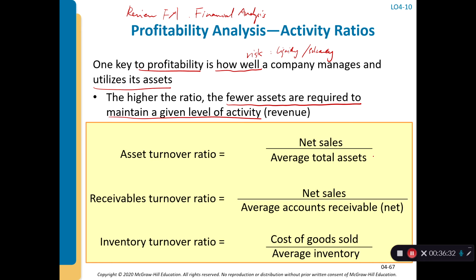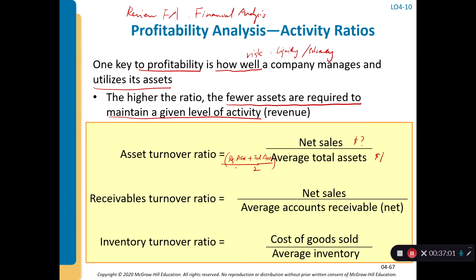It means that for $1 of assets, how much sales did you generate? This ratio is computed by dividing net sales by average total assets, where average total assets is beginning assets plus ending assets, divided by two.